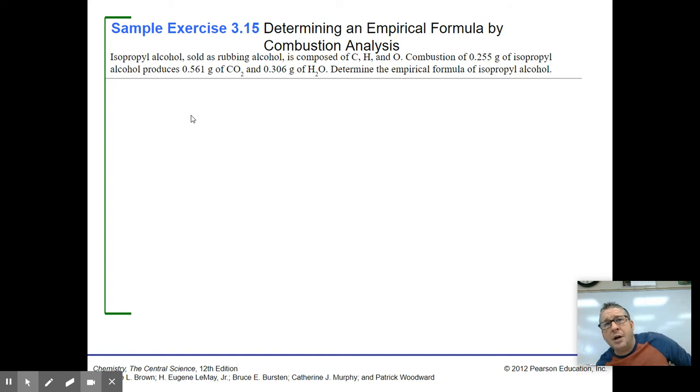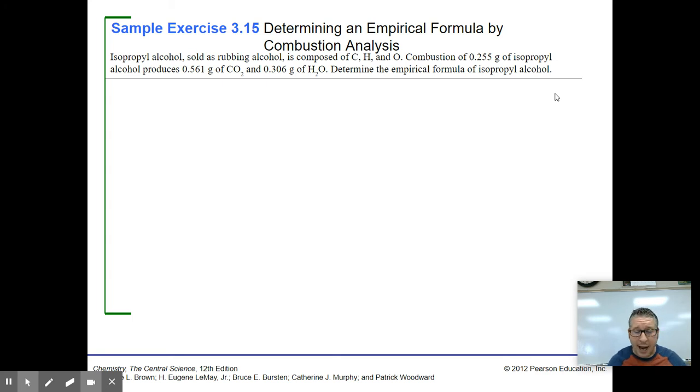The combustion of 0.255 grams, now that's important. This 0.255 grams, that is our sample size. We are going to need that here in a little bit, okay? So the combustion of 0.255 grams of isopropyl alcohol produces 0.561 grams of CO2 and 0.306 grams of H2O. We are to determine the empirical formula of isopropyl alcohol.